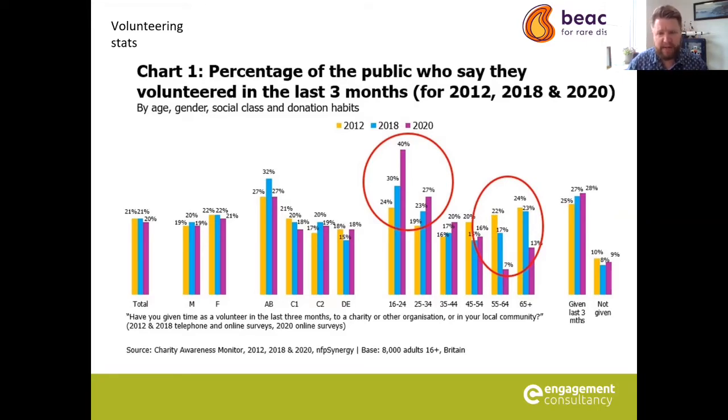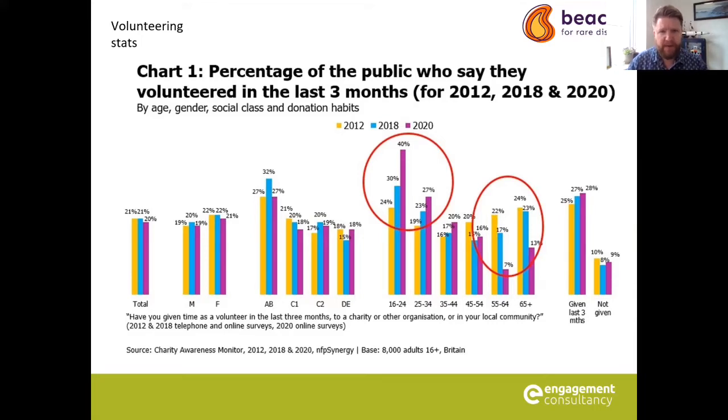However, volunteering rates amongst the under 30s have increased, and the percentage of people saying that they have volunteered has increased from about 30 to 40% between 2018 and 2020. And again, COVID would have played a part in that, with many people responding to the national volunteering schemes such as the NHS Corps for Volunteers, or other schemes such as local mutual aid groups.